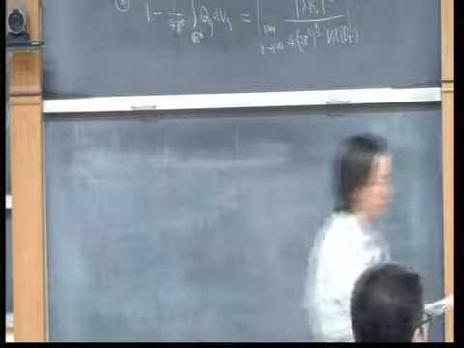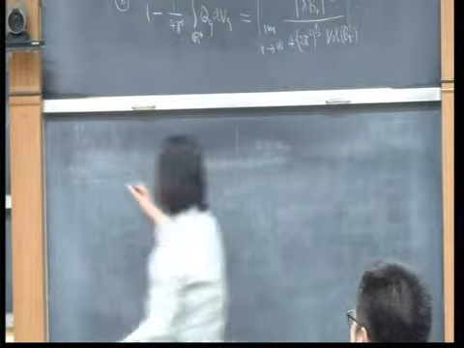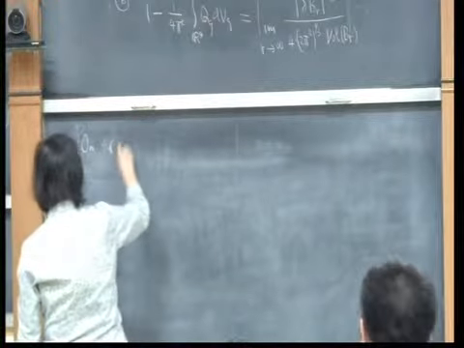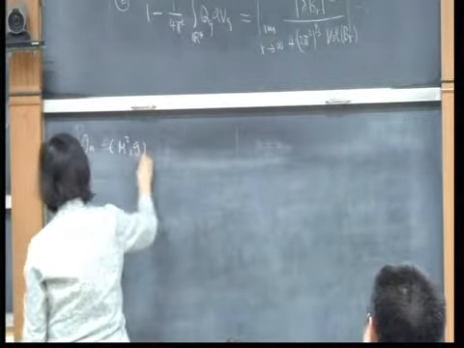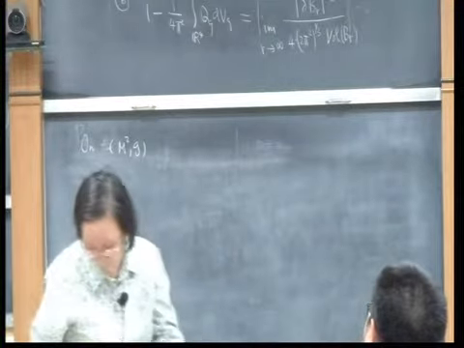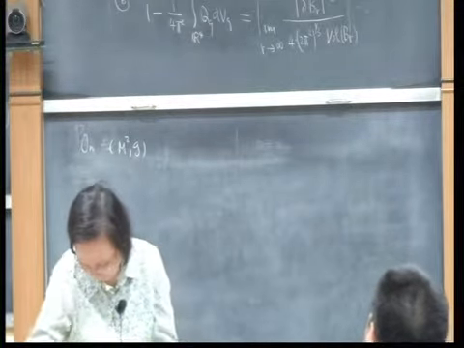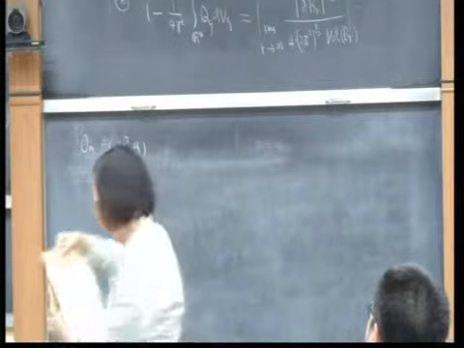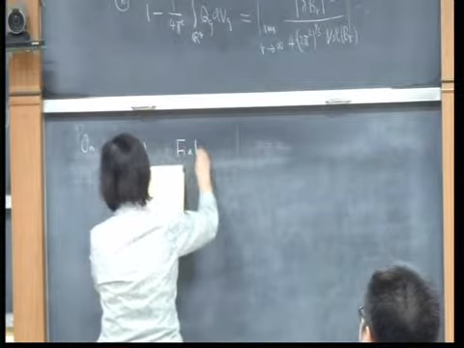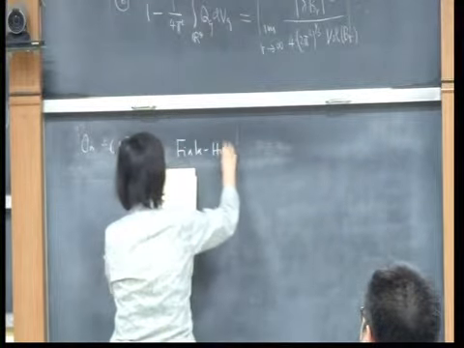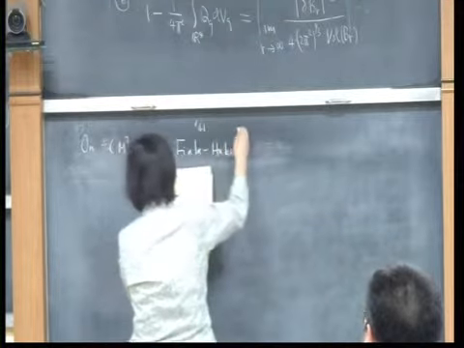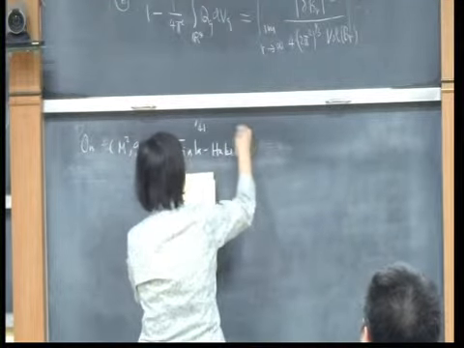So a classical result on two surfaces. It turns out there is this classical result of Fiala and Huber. And this is 41 and this is 57.